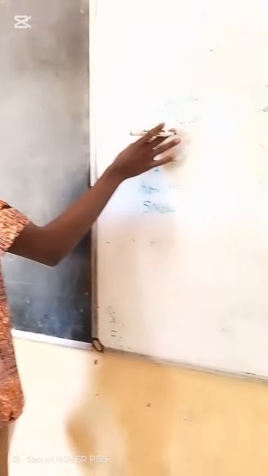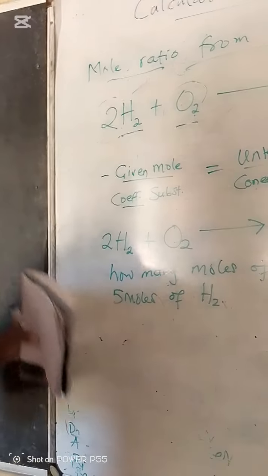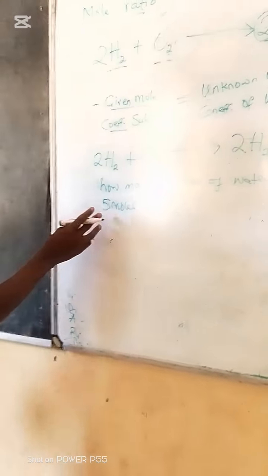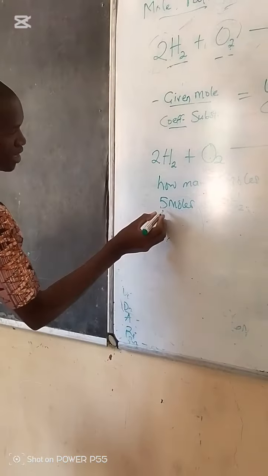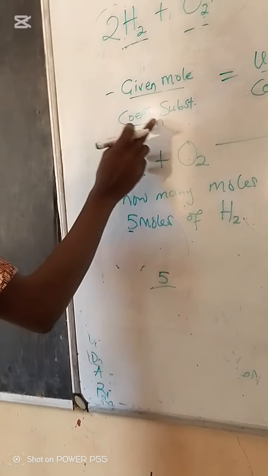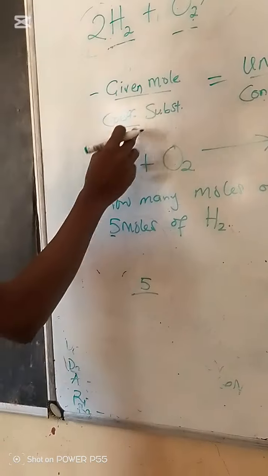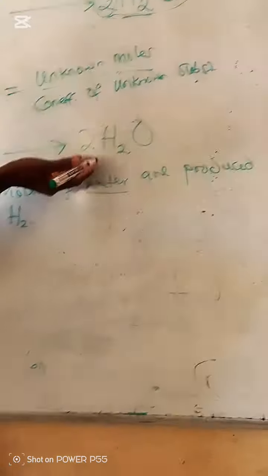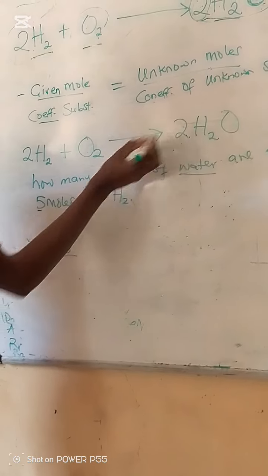So I'm going to apply this formula. We'll work it out, then I'm going to show you another way. If you are smart, then you can apply it to get it easily. So for this first one, what's the given mole? The given mole here is 5. So I will say 5 over the coefficient of the substance. Which substance are we talking about? Water, of course. What's the coefficient of water here? 2, correct.